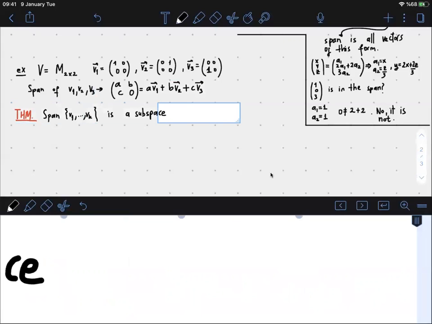If you remember, if we take two vectors and consider all possible linear combinations, then it is a subspace. Now this is more general than just two vectors. Take any number of vectors and consider their span. Their span is a vector space. If you think about this, the proof is very easy. I won't do the proof, but it is very trivial. It's a subspace of V. So this is a theorem.